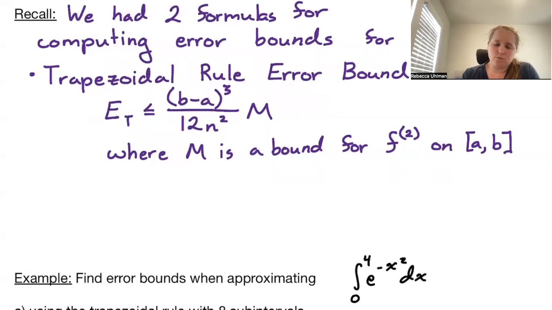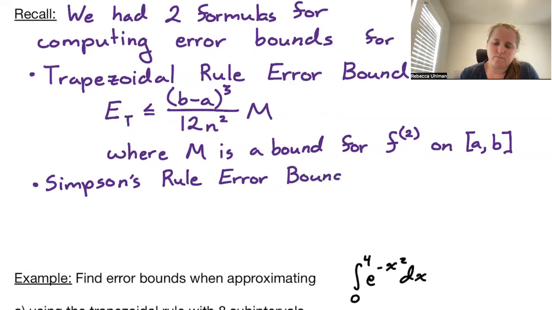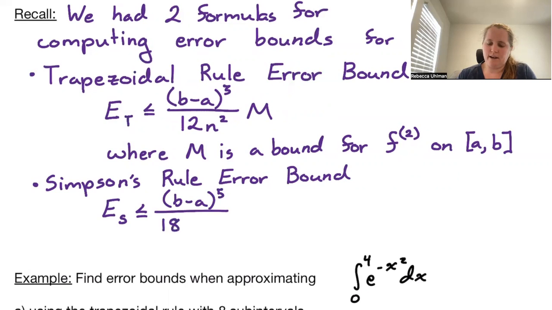For our Simpson's rule error bound, we have capital E sub S less than or equal to (b minus a) to the fifth, all over 180 n to the fourth, times M. Let me just verify that 180 is correct.